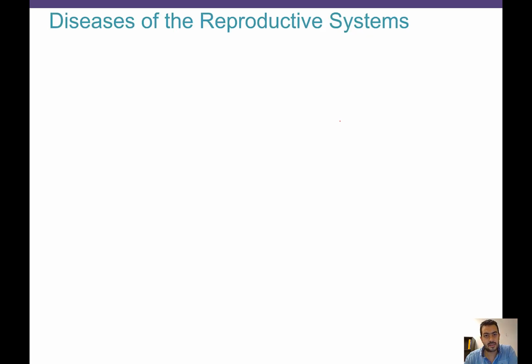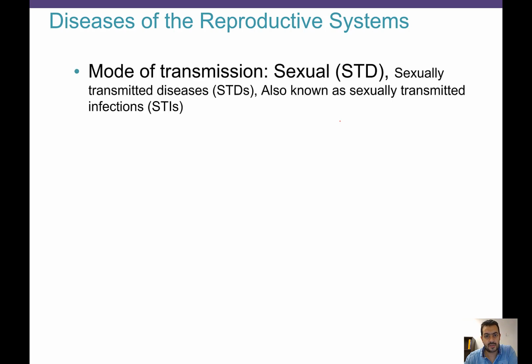So let's get an idea about the diseases that affect the reproductive system. Usually the mode of transmission is being sexually transmitted diseases.